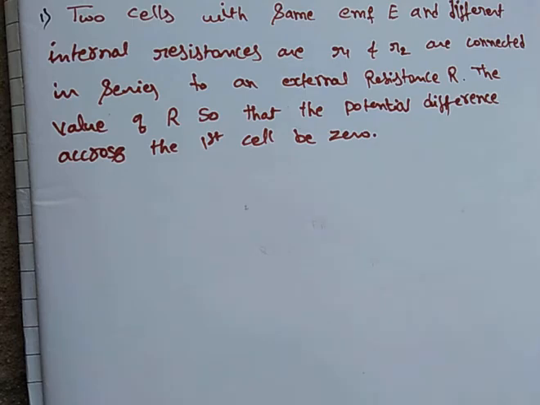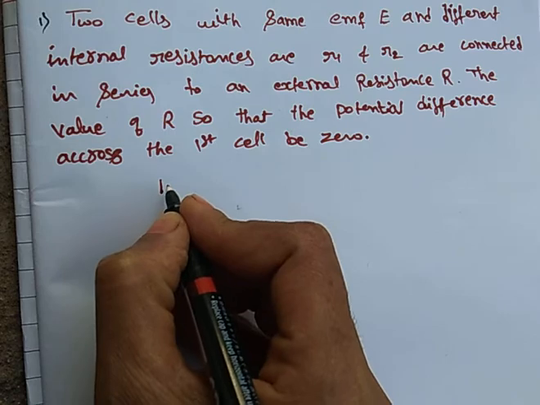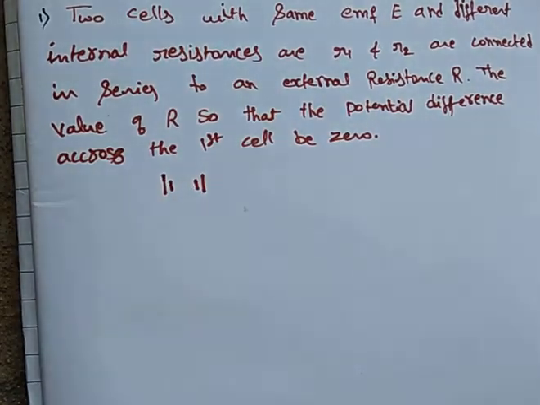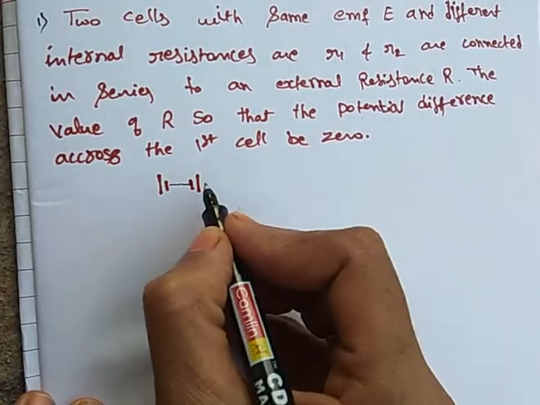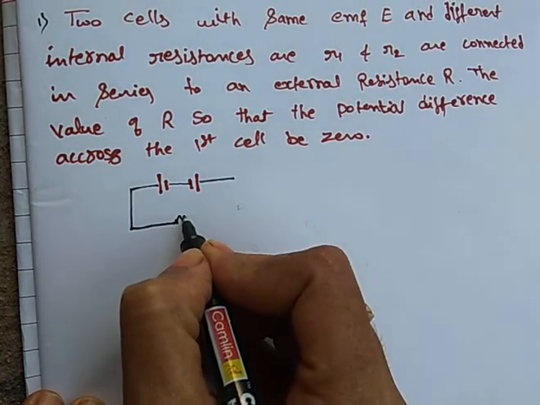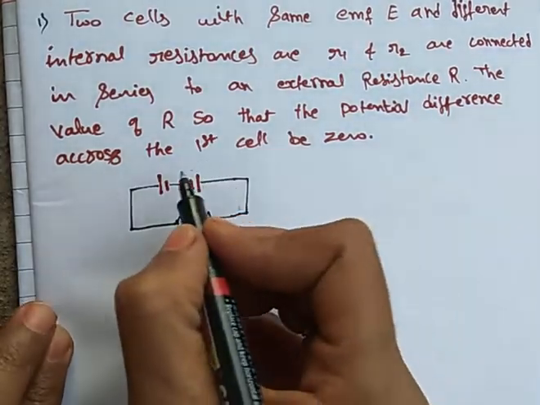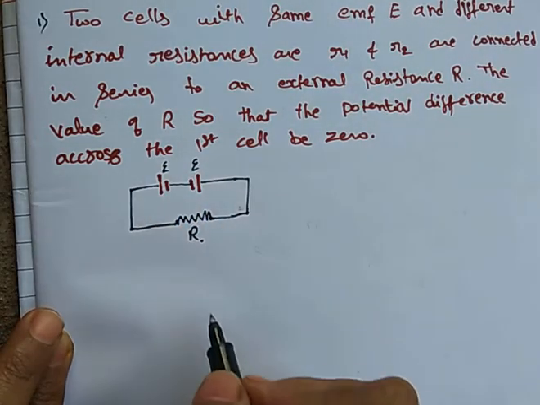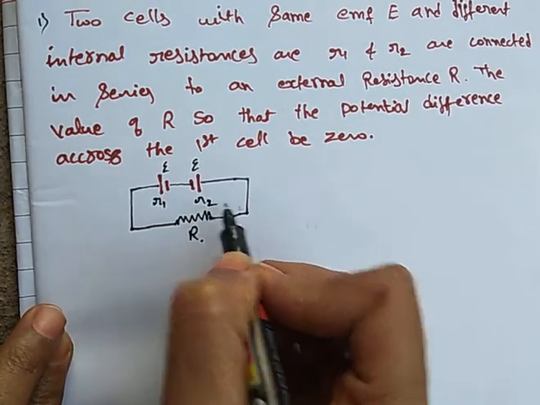So here, two cells are connected in series. They are connected across an external resistance of capital R, and the EMF of the two cells is epsilon, the same EMF, and the internal resistances differ, R1 and R2.